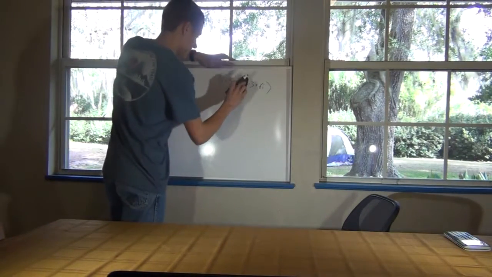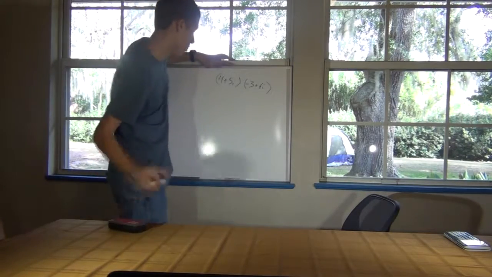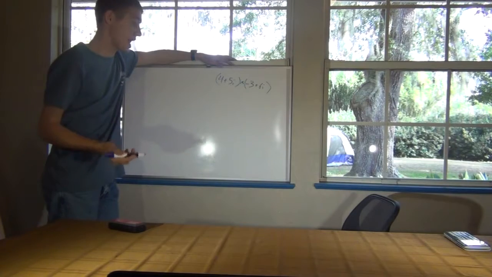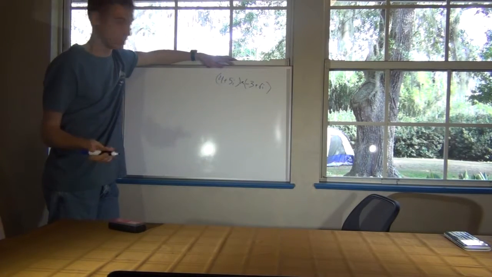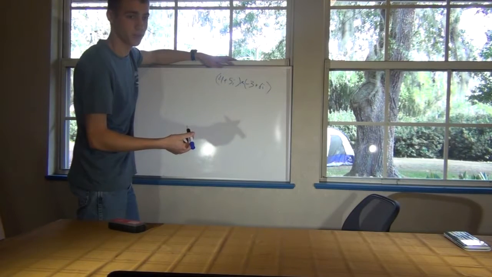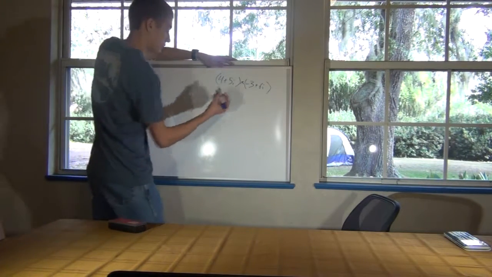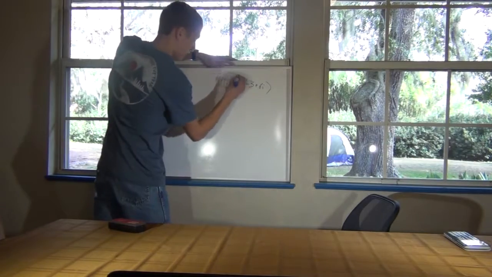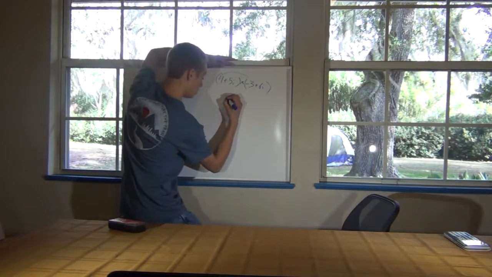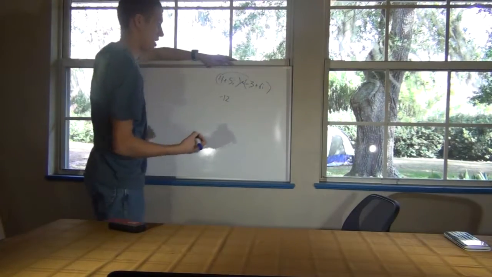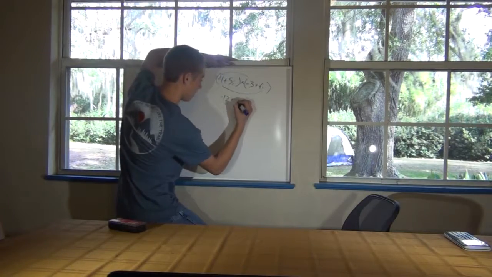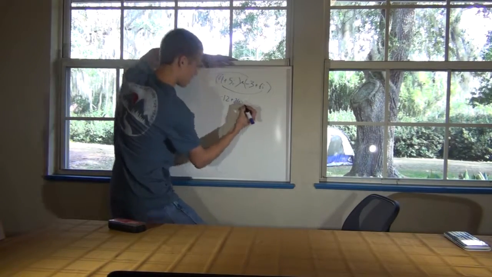Multiplication: if instead of adding these you're multiplying them, you're simply going to treat i like an x for the moment. Treat it like a standard variable and use FOIL if you'd like, or just multiply it out normally. So if we FOIL it, first is negative 12, and then outer, 4 times 6i, plus 24i.